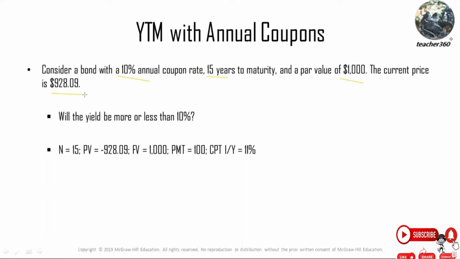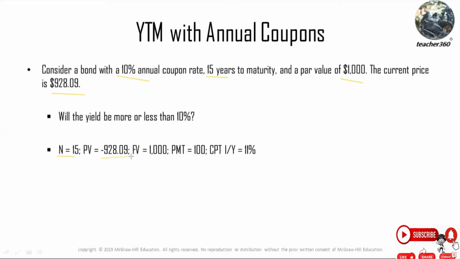Using a financial calculator, press maturity period 15 for n, the number of periods. The bond price is the present value of the bond, so press 928.09 for present value.